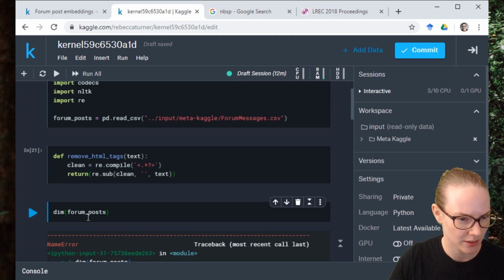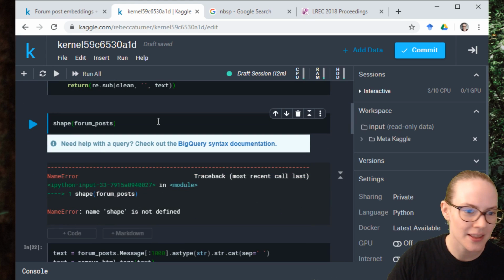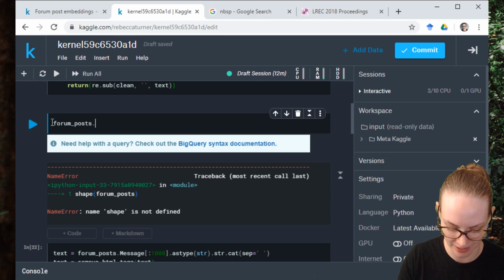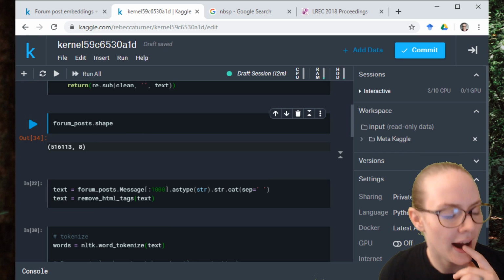I think it's an attribute, actually. Shape. Is shape an attribute or is it a function? I can never remember. This is the single most frustrating thing about Python for me, is I can never remember if things are functions or attributes. Okay, so we've got 516,000 forum posts.